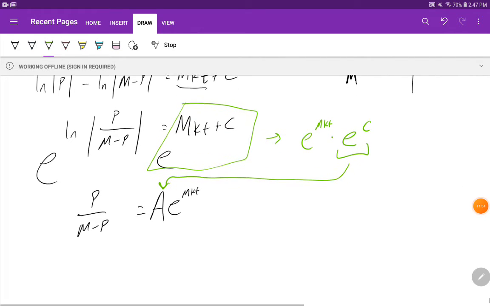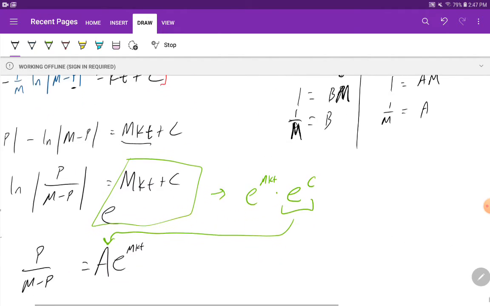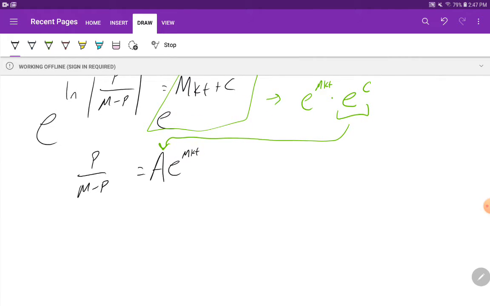Okay, for this next part, it gets a little weird. I'm just going to say it now: everything I do in this next step, I'm doing for the sake of making it look like what we learned in class today. What I mean by that is, I'm going to flip this fraction here, which means I have to flip this guy. So watch what happens. I get m minus p over p equals 1 over, now when I flip, that's the same thing as raising it to the negative 1.